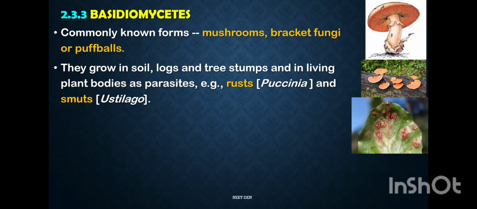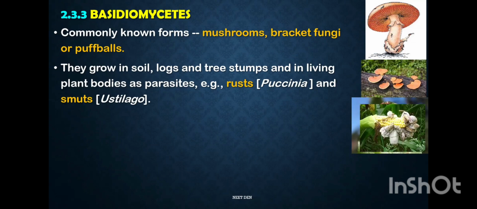So rust, caused by Puccinia, is a plant disease which gives a rusty appearance to the leaves, that is a reddish brownish appearance. And smuts, which generally grow on corn, are produced by Ustilago, which is a fungus in this particular class.